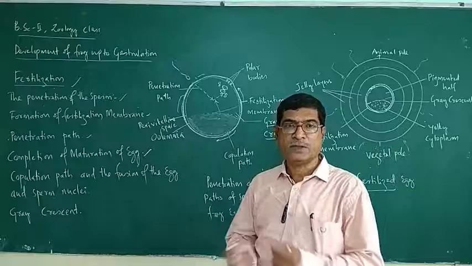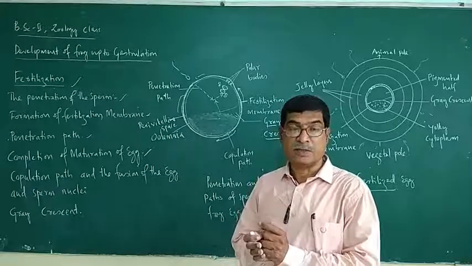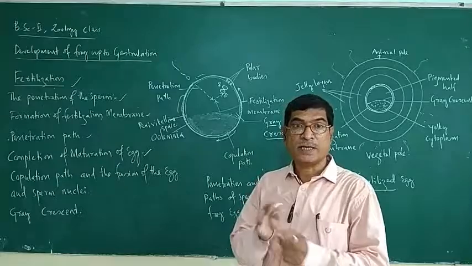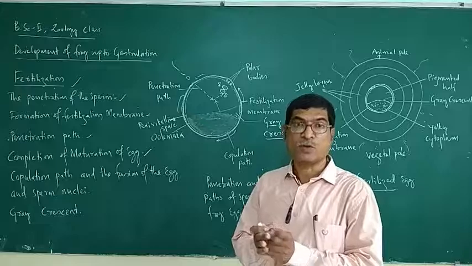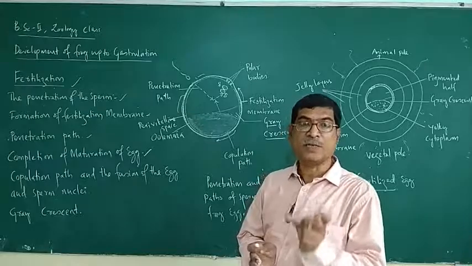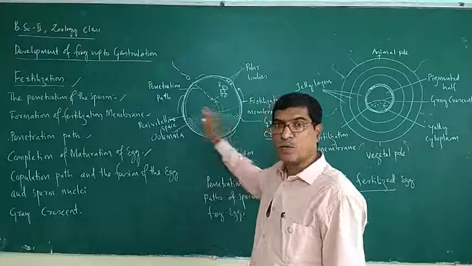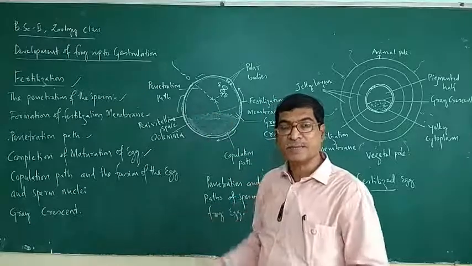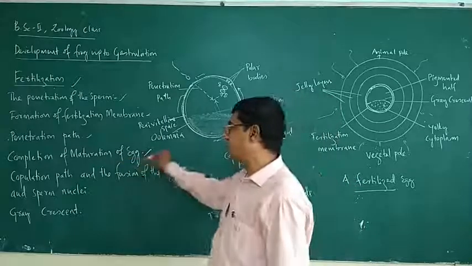They don't have sufficient cytoplasm for their survival. So in oogenesis, equal division of cell doesn't occur. Unequal division takes place. Only one functional ovum is formed. This is the functional ovum. So now the ovum completes its growth. So, completion of maturation of egg.